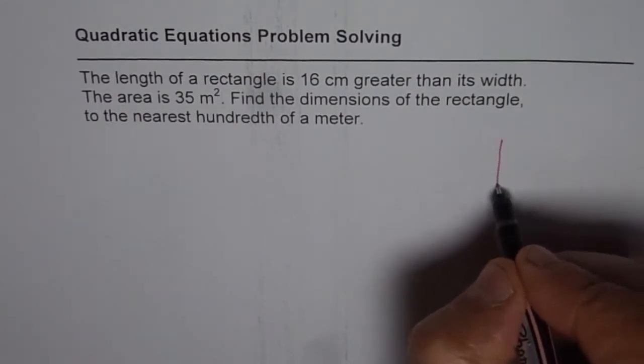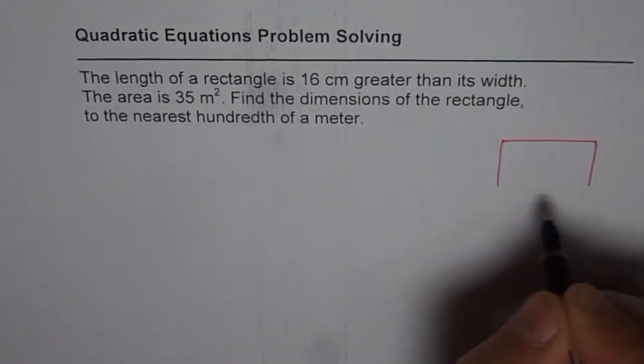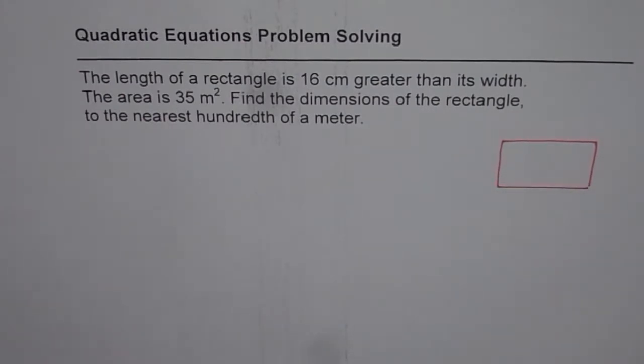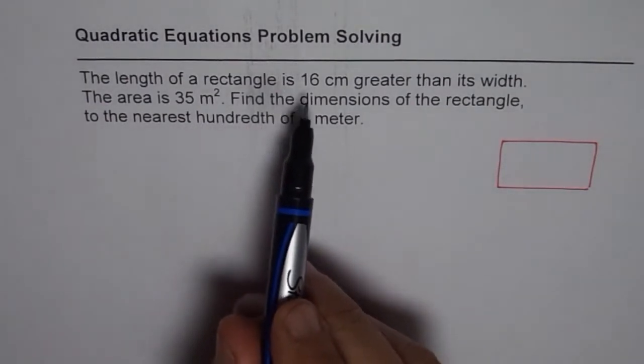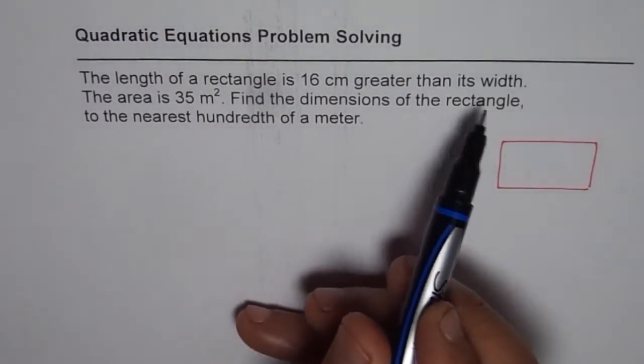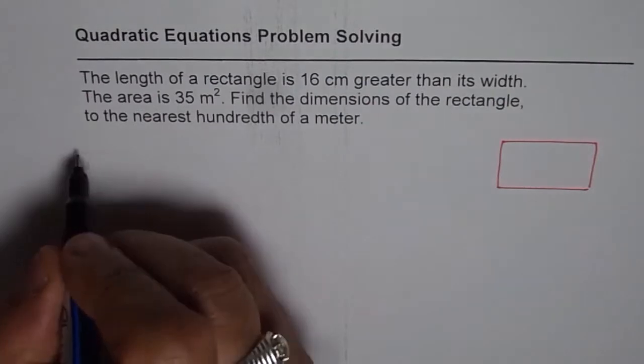So first thing is, whenever there is a word problem, make a diagram to represent the situation. Now in this particular case, we are given that the length of the rectangle is 16 centimeters greater than its width. So let's define width.